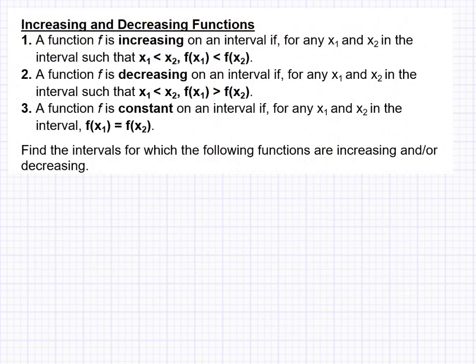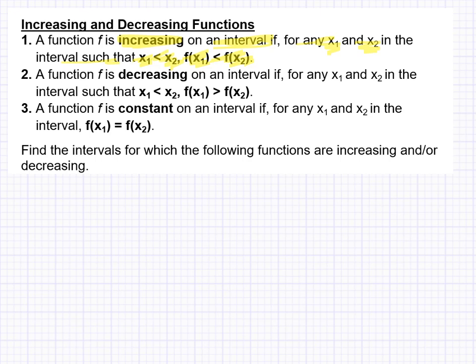Okay, so now we want to talk a little bit about behavior of the graph of a function, in that we want to talk about the idea of something increasing, decreasing, or being constant. So let's look at these 3 different definitions. First, a function f is increasing on an interval if for any x1 and x2 in that interval such that x1 is less than x2, then f of x1 should be less than f of x2.